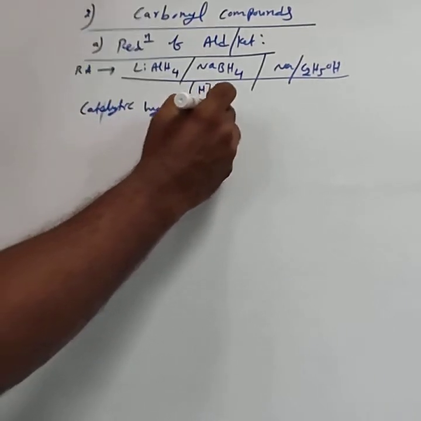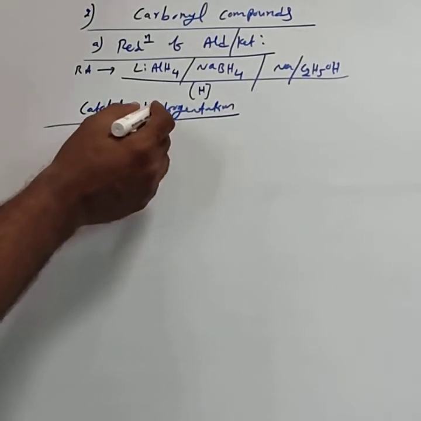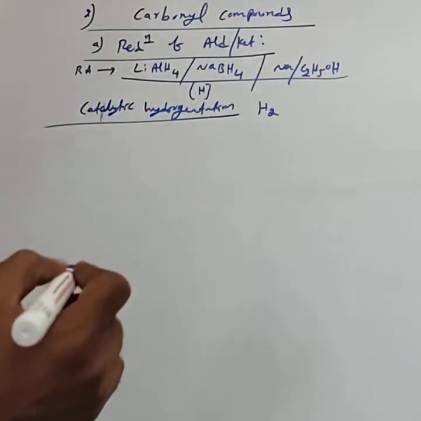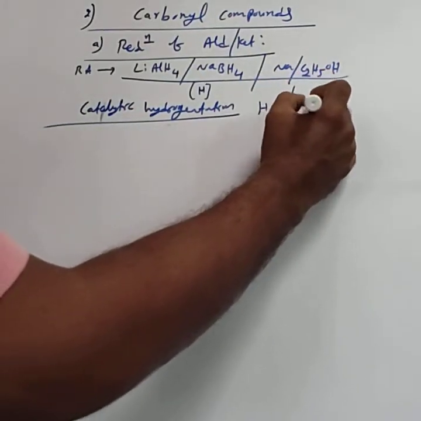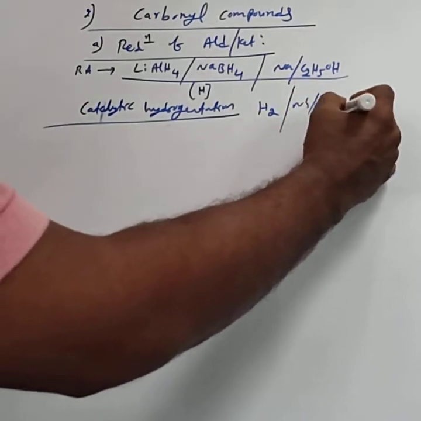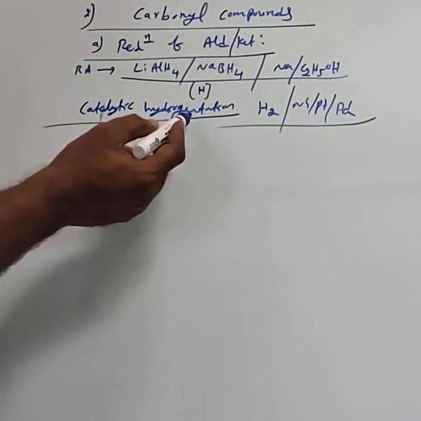You can pass hydrogen in the presence of a catalyst. Catalytic hydrogenation means hydrogen H2 in the presence of either nickel catalyst, platinum, or palladium.